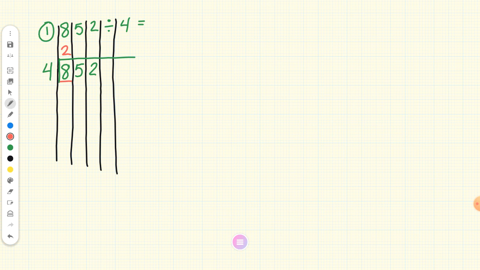You bring the 4 down. What's 4 times 2? 8. So I put the 8 right there. And then what math do I need to do with those two numbers, Kinley? Subtract. 8 minus 8 is 0. Avery, what do I do next? You drop your 5 down. I drop my 5 down. What do I have to think about now, Briley?